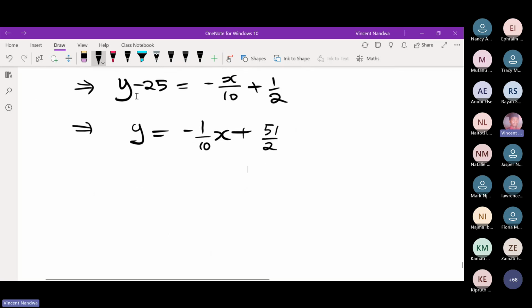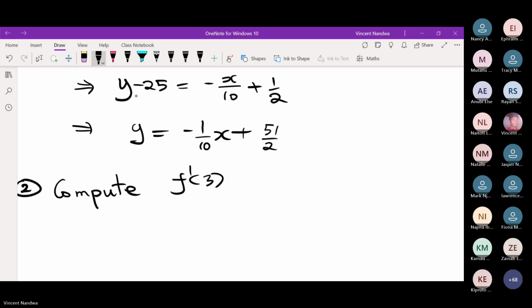Then example 2: compute f prime at 3, where f of x is given by x squared minus 8x.